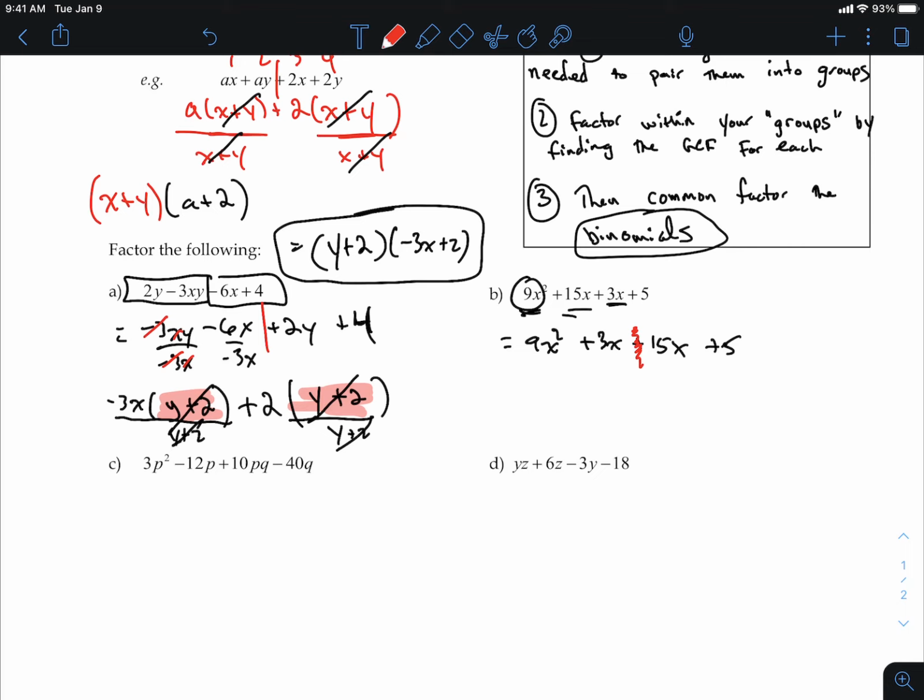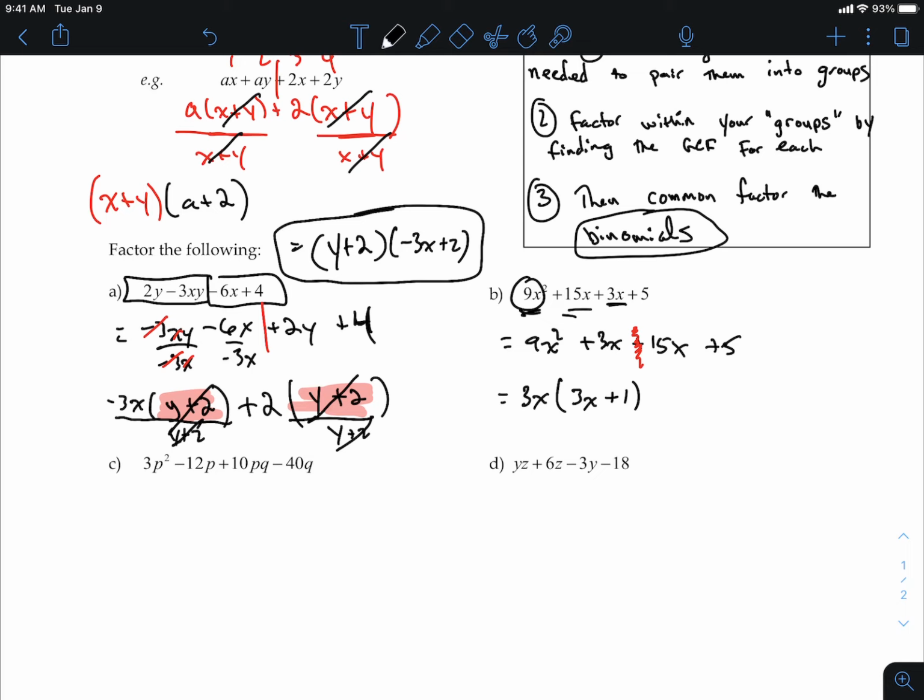And then just factor. You find your greatest common factor for each half. So, what's common in the first two? 3x. What's left after you take the 3x out? 3x plus 1. What do you expect to happen on the other side?